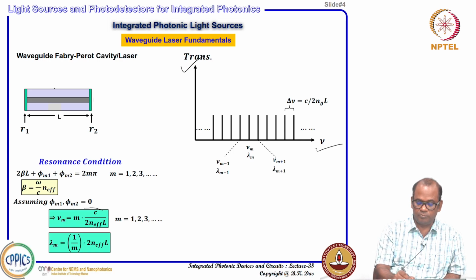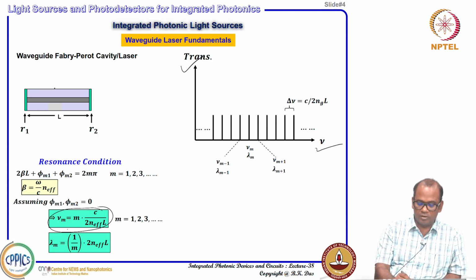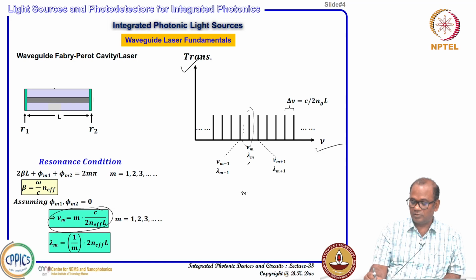If you consider this equation, with n effective and L constant, for example, not depending on frequency, then you will regularly get resonances, for example, assigned as nu m or lambda m. m can be say 1000 depending on your wavelength, effective index and length.